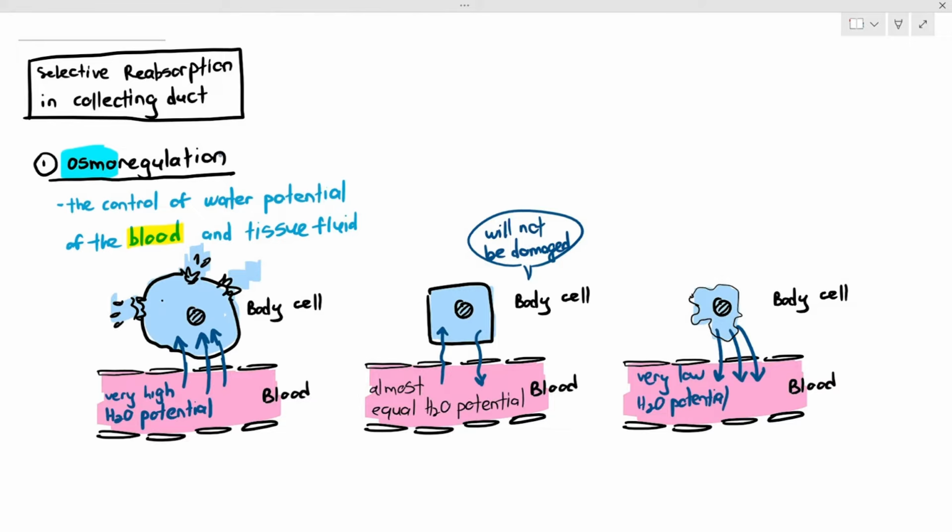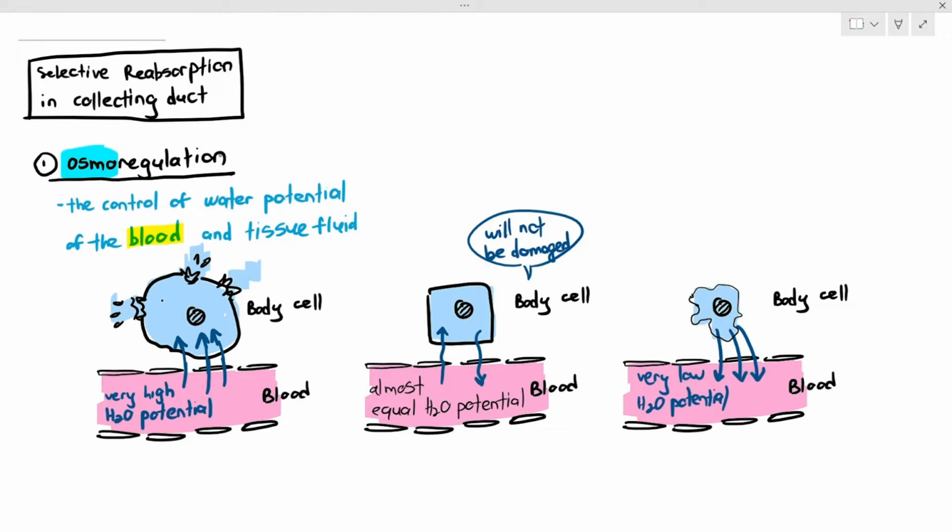But anyway, moving on. So, regulating the blood water potential is an example of homeostasis. Osmoregulation is also an example of homeostasis because you are trying to control the optimum internal environment of our body. And one example of the internal environment is the amount of water in our blood.